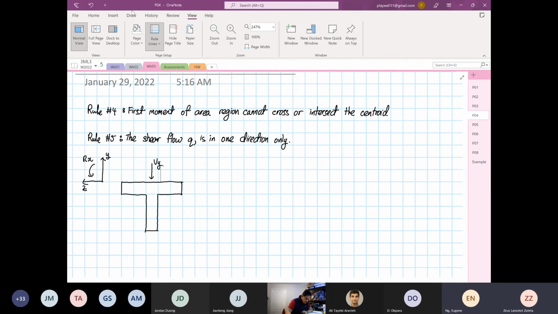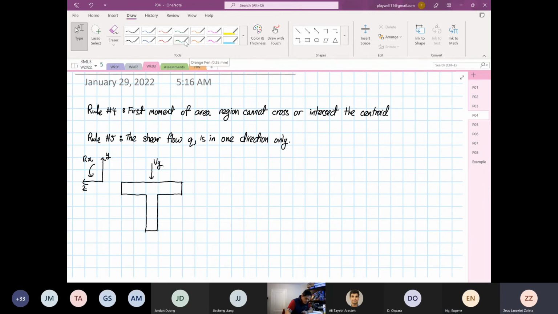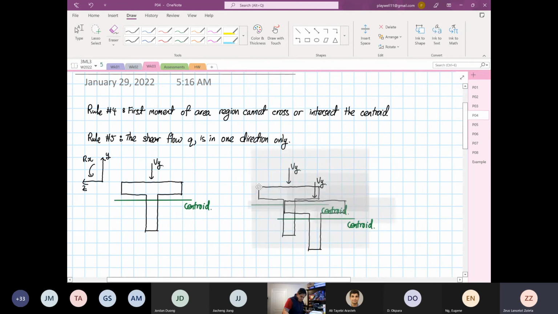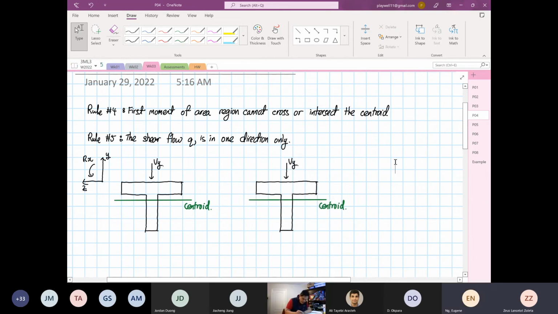Drawing in green, this is our centroid. For example, if you want to find this point, the area that you have to consider is this area over here.